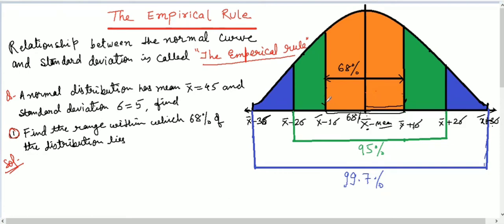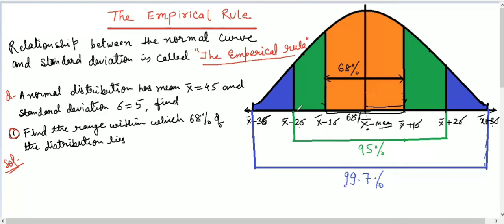So within 1 standard deviation from the mean, 68% of the data lies. So this is the probability: within 1 standard deviation, 68% of data lies. Same way, when we go 2 times from the mean, this represents x bar plus 2 standard deviation, and on the left side 2 times from the mean, this second line represents x bar minus 2 standard deviation.